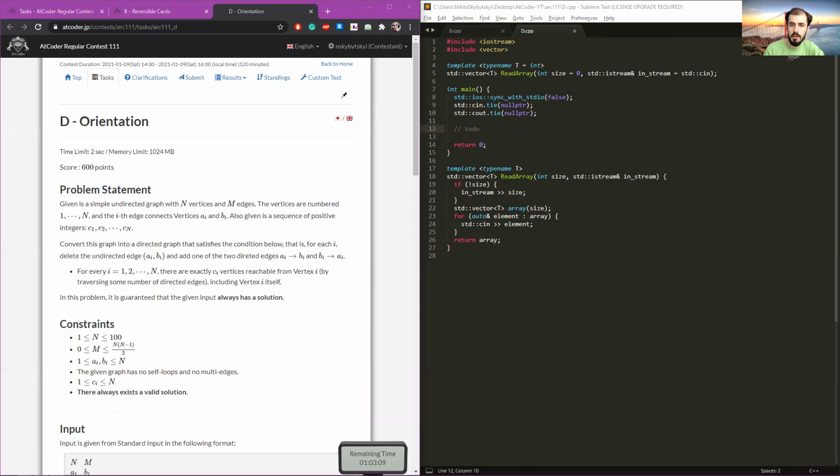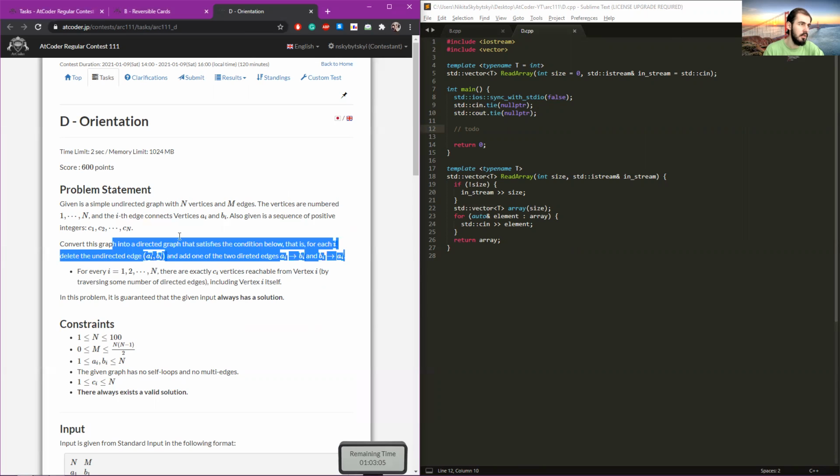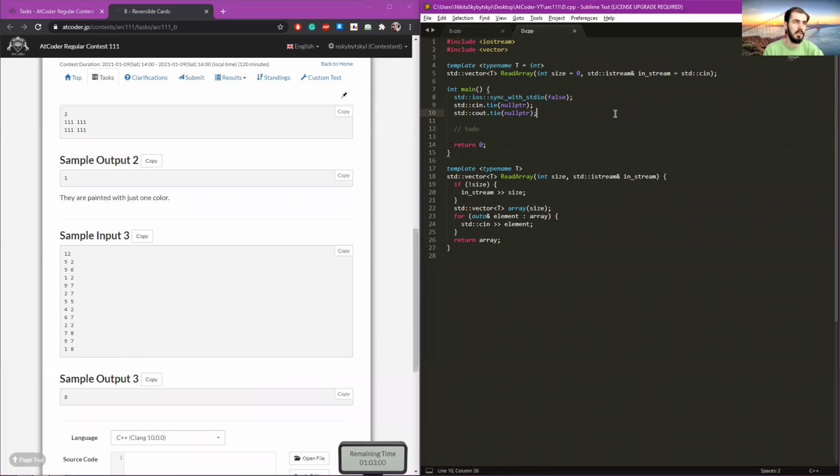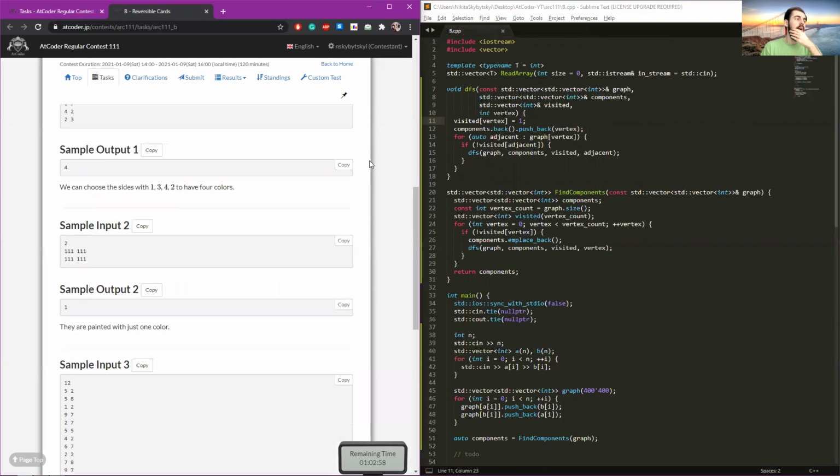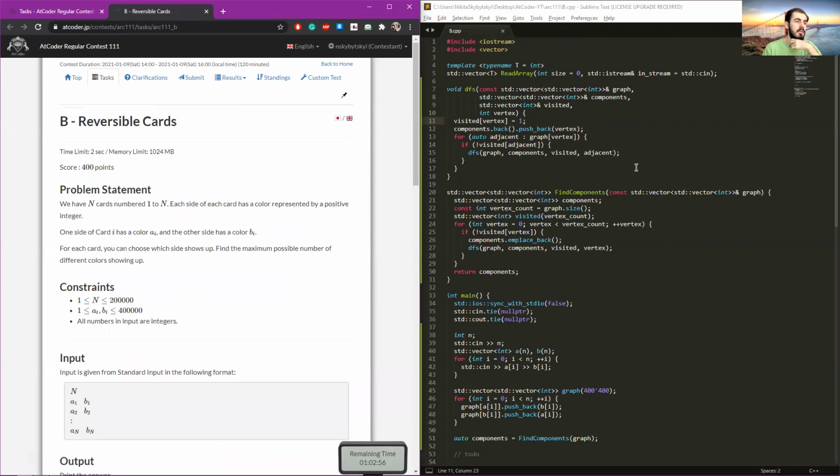But usually they have different objectives, not like make I vertices visible. Okay. I don't think we'll be solving this. I think it's reasonable to come back to B.